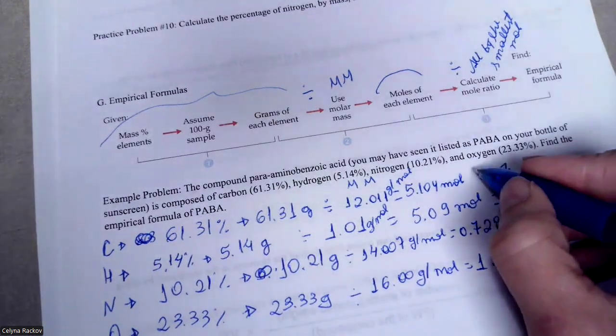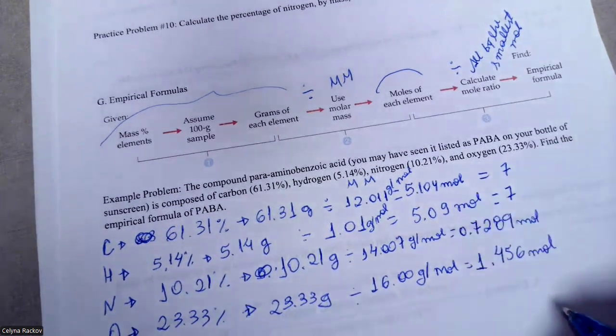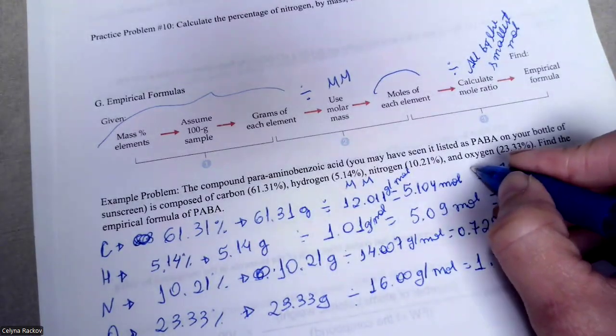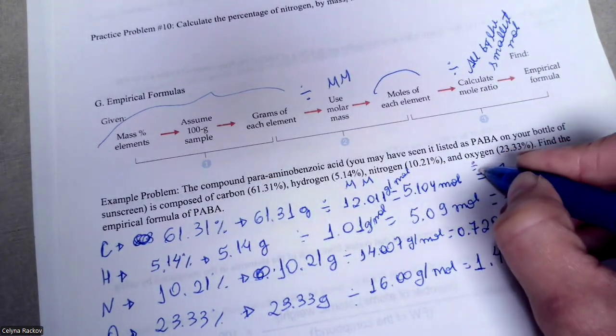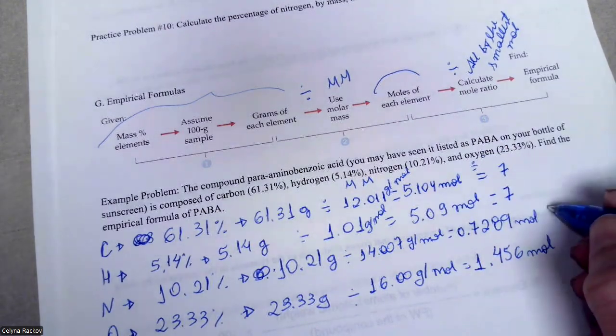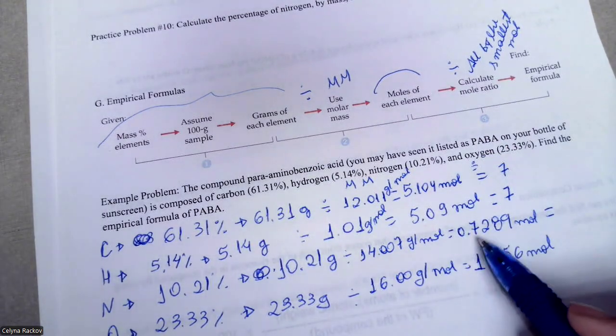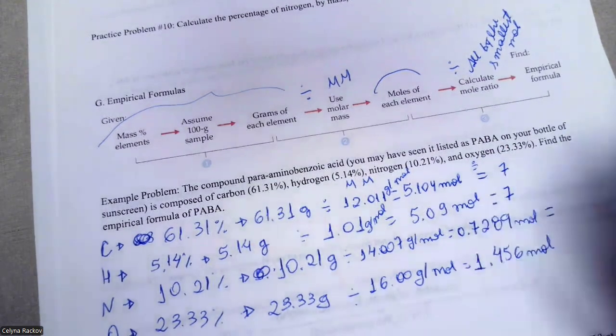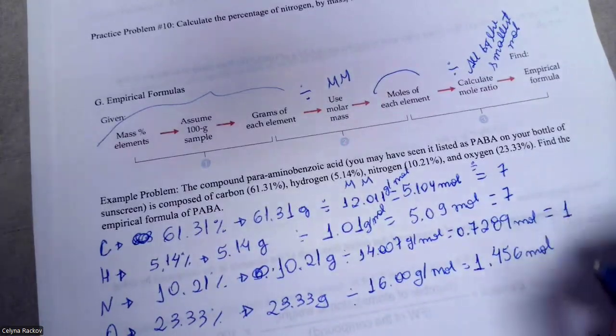So I'm dividing all by the smallest one. If you divide 0.7289 by 0.7289, we get 1, right?